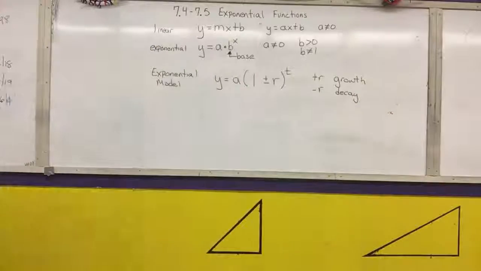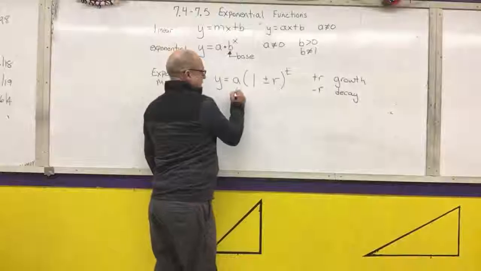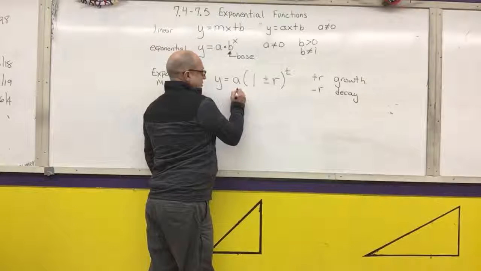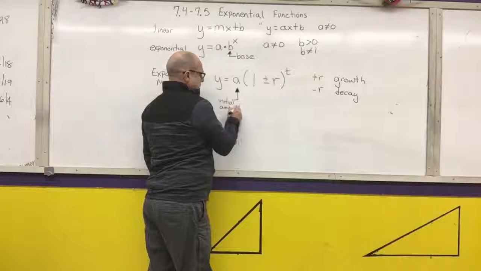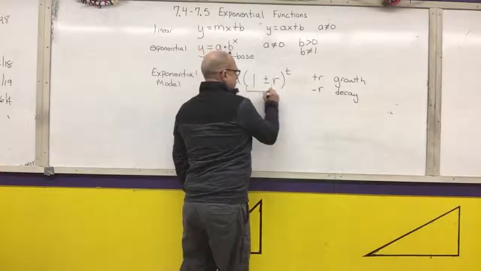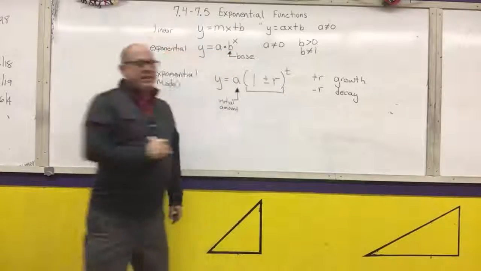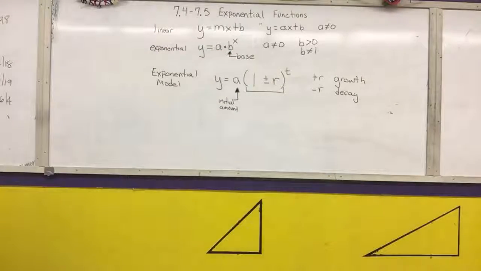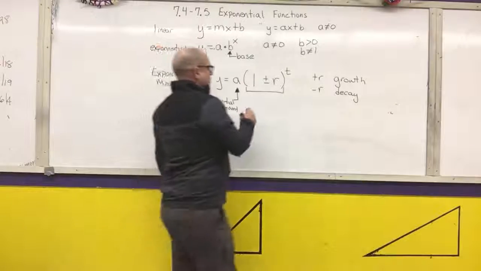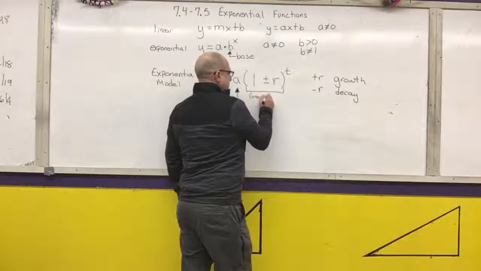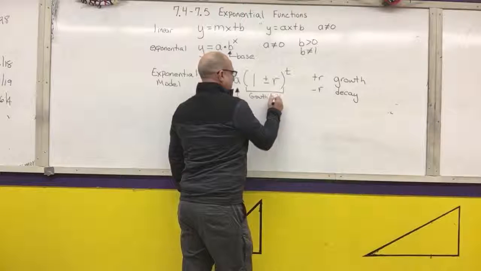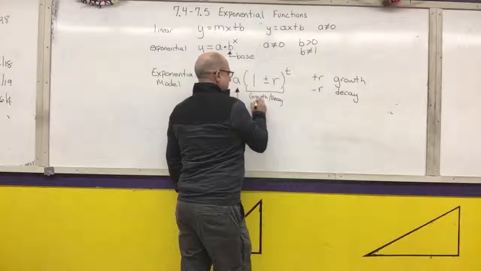Okay, each one of these things has different terminology. This a is the initial amount. This whole thing that's inside the parentheses is called the growth factor or the decay factor. So this would be the growth / decay factor.